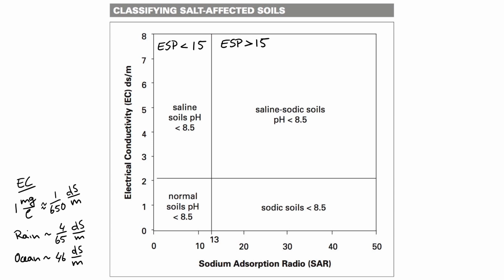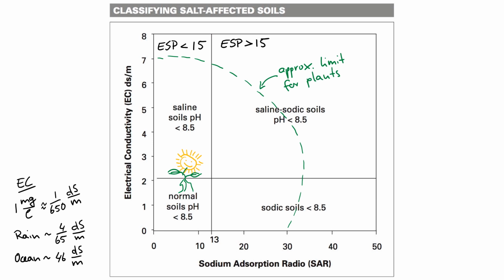But of course there's wide variability in how salinity affects plants. And if we draw a line of an approximate limit for the survival of plants, you'll see that it goes all the way up to an electroconductivity of 7. So for most plants, there's going to be a yield penalty way before you get to 7 decisiemens per meter.